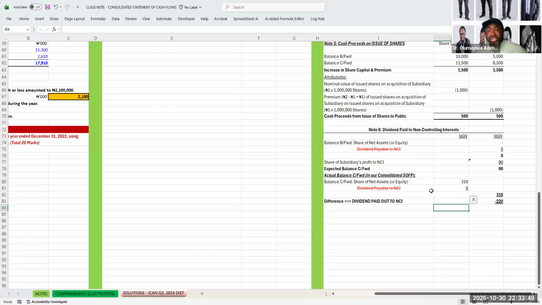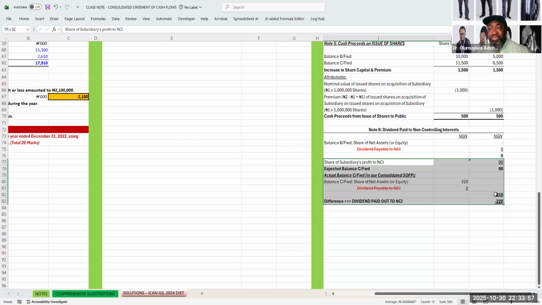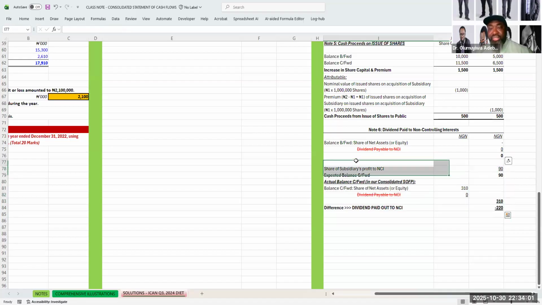But remember, there was an addition at acquisition of NCI. That means we've not considered one item here. Because the subsidiary was just acquired, we've not considered the value of NCI when we brought in a new subsidiary.